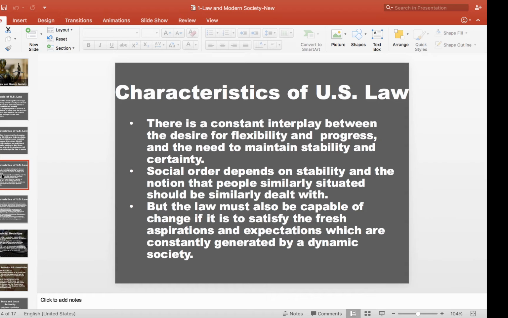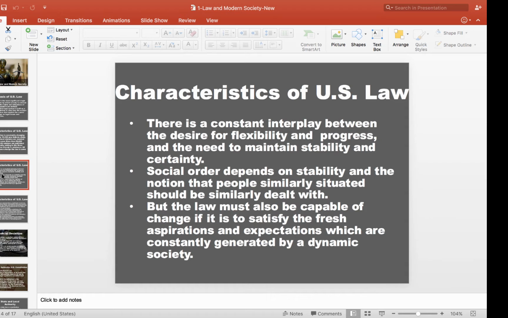In this tension between the two sides, the liberal side wants more flexibility and progress, a living constitution, while the conservative bloc says the founders knew what they intended for this document and this rule of law to mean. And so you adapt that to a certain situation, but you stay with what the founders' intention was.